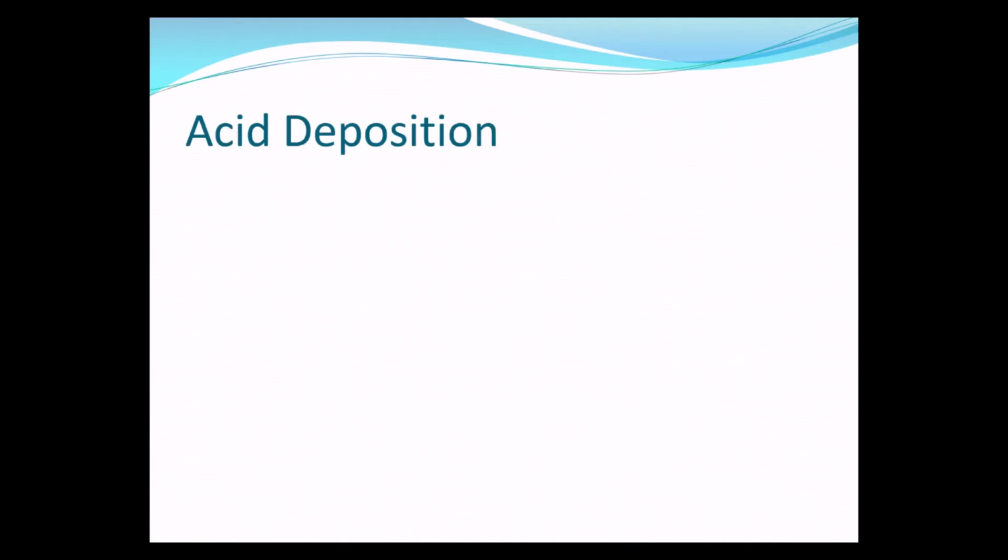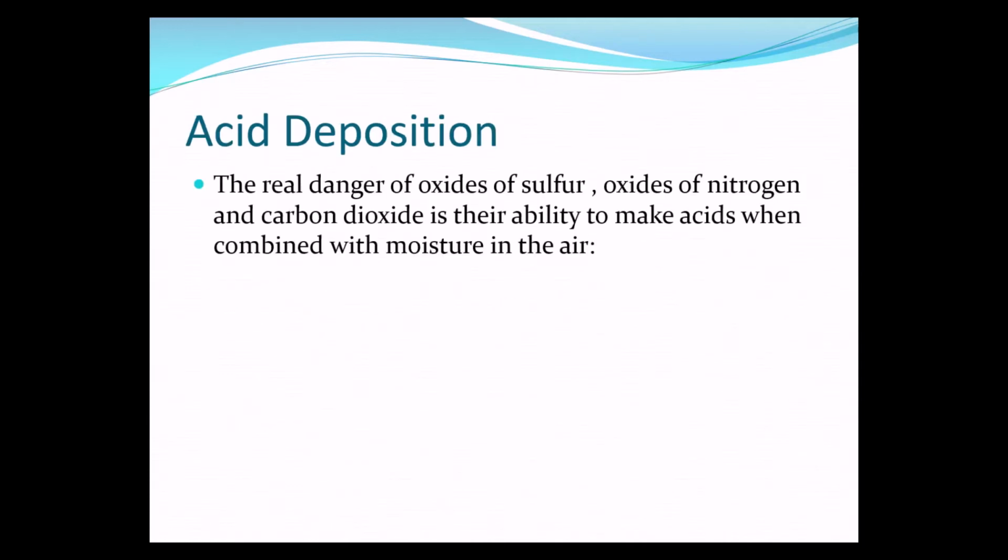So acid deposition is when sulfur, nitrogen, or carbon dioxide combine with water in the air, moisture in the air, and they make acids. I'll start with the worst one, which is SO2. When we get that SO2 from burning coal, that's the number 1 way that we get it.